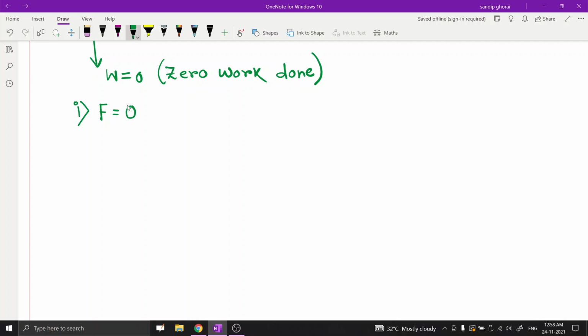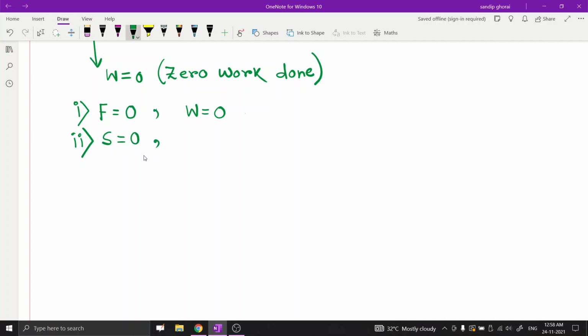For this case, an example is when we read a book, there is no force applied, so W is equal to 0. Now the next condition: when F is applied but S is 0, that means displacement is 0.